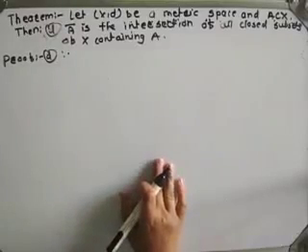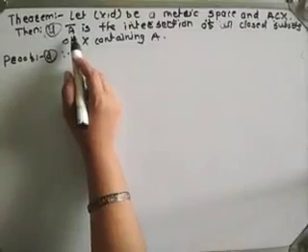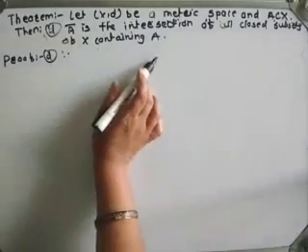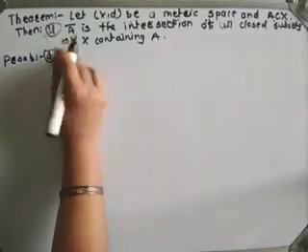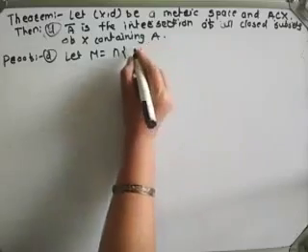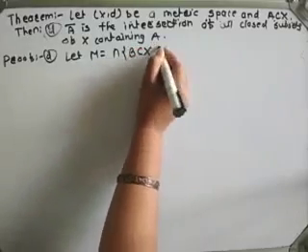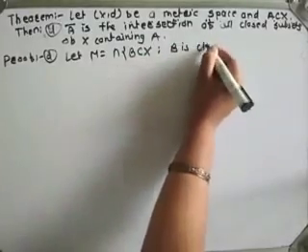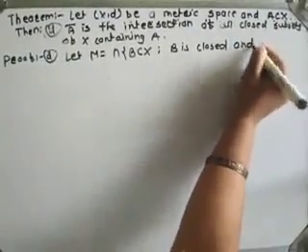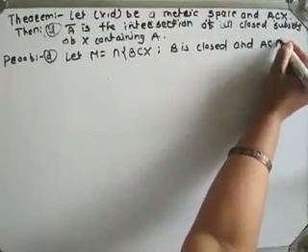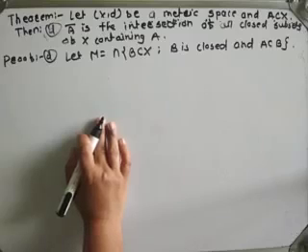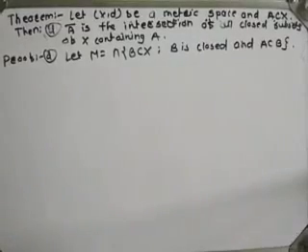Let us see proof of part D. In part D, we have to prove A closure is the intersection of all closed subsets of X containing A. Let M be equal to the intersection of the set of all B a subset of X such that B is closed and A is a subset of B. What is M set?